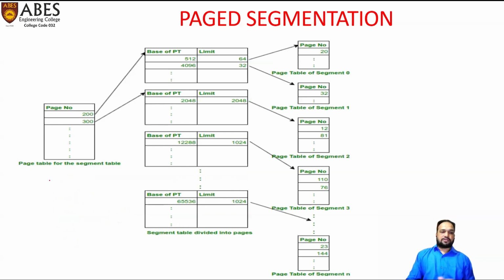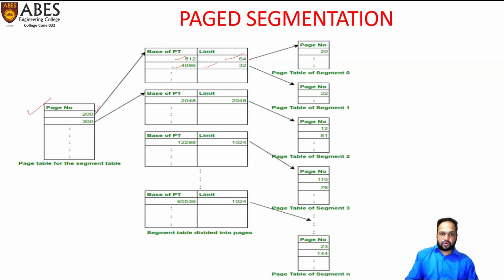As you can see, that page table for the segment table is having that many pages. Inside the page tables, against the page number, we are storing the base address for that very page table. Inside the page table there are some limits also, that is the limit address, and various page tables can be stored.